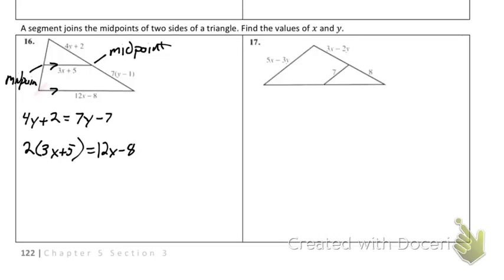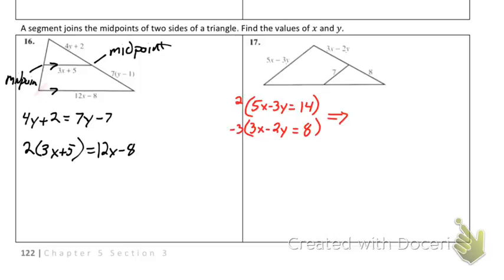Let's just go through it and make sure we did everything correct. So 5x minus 3y is actually going to equal 14, right? Yep. And then 3x minus 2y is going to equal 8. I'm going to use elimination. I always like using elimination. So I'm going to multiply the top by 2, and maybe I'll multiply the bottom by negative 3.